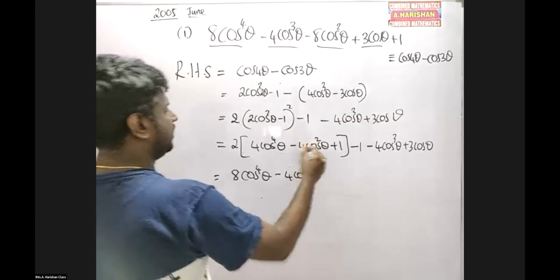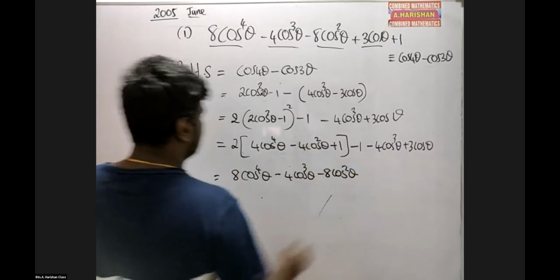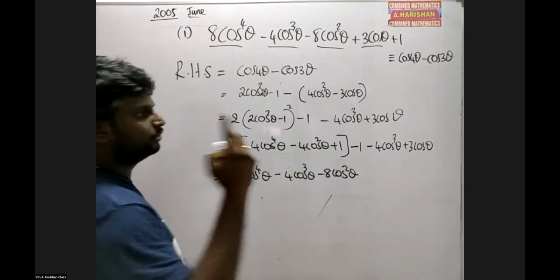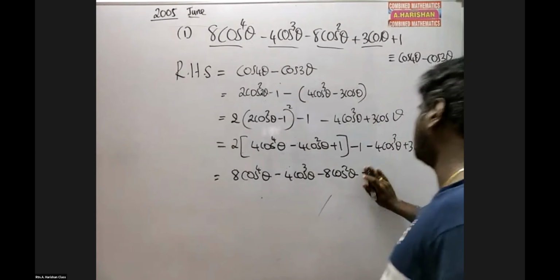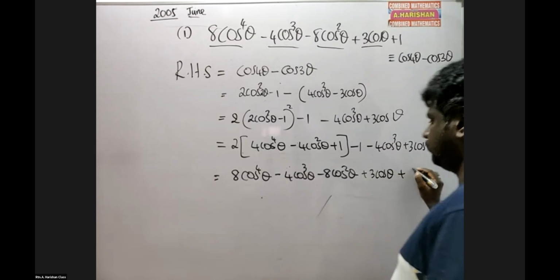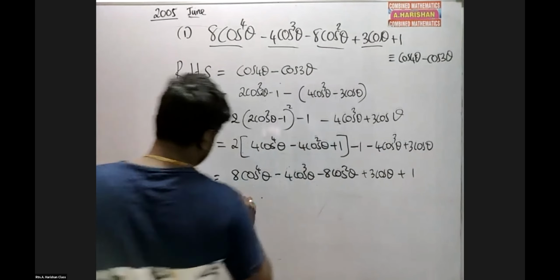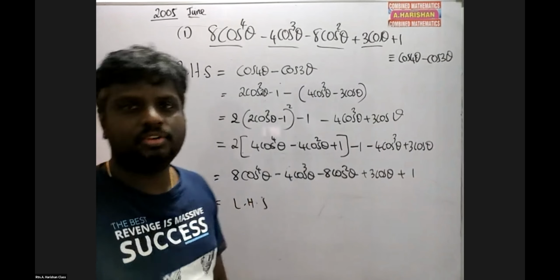Okay, so then if you multiply this, minus 8 cos squared theta, then 2 into 1, 2, 2 minus 1 plus 1. And before that, I put 3 cos theta, 3 cos theta plus 1. So LHS, you can do like this.